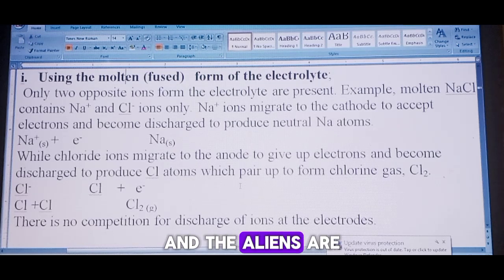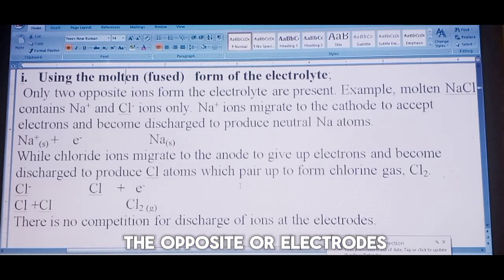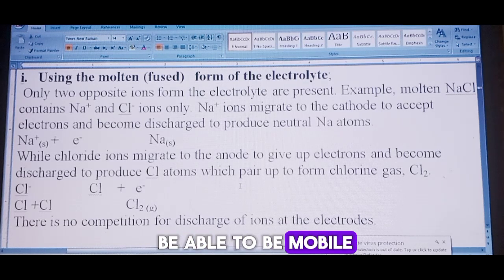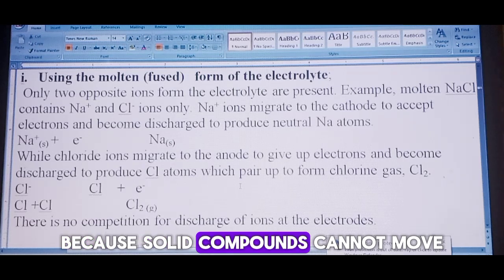And the ions are going to migrate to the opposite electrodes, they need to be mobile, they need to move. So because these ions need to be mobile, this electrolyte has to be liquid. It has to be in liquid form, right? For these ions to be able to be mobile, because solid compounds cannot move.